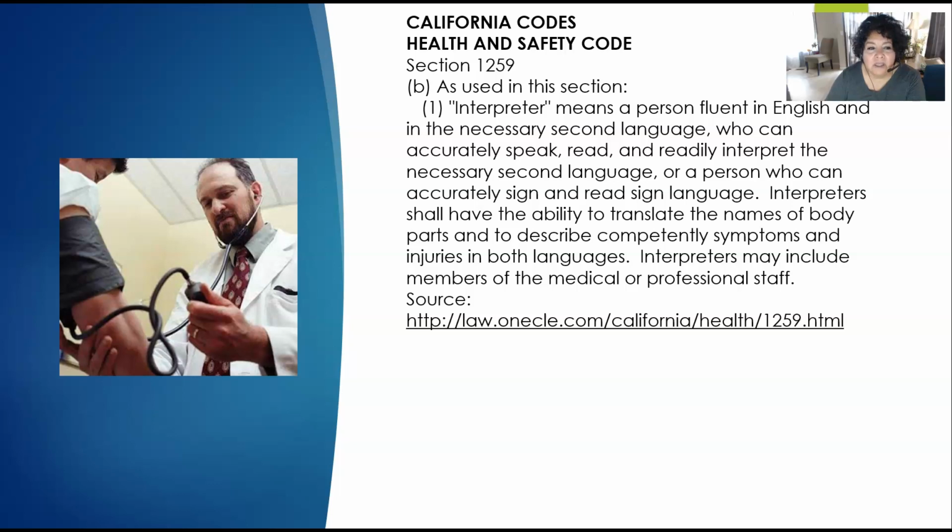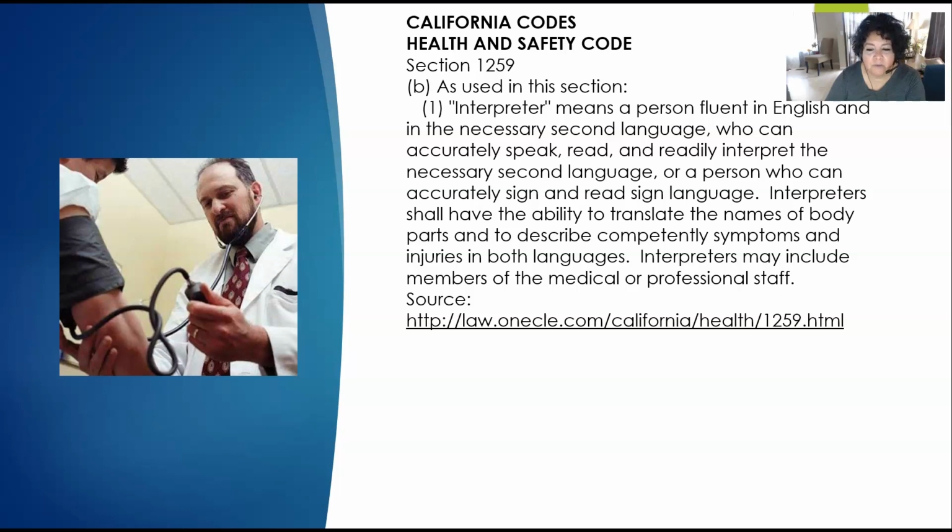Again, here, the California Health Code defines an interpreter as a person fluent in English and in the necessary second language who can accurately speak, read, and readily interpret the necessary second language, or a person who can accurately sign and read sign language. Interpreters should have the ability to translate the names of body parts and competently describe symptoms and injuries in both languages.